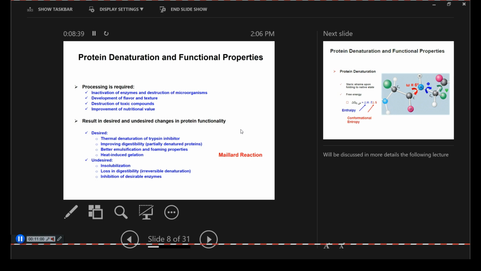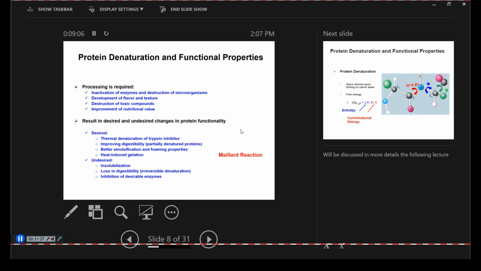Not even at really high or low pH? Well, pH, yeah. In the presence of acid and alkaline and heat, yes, you're breaking peptide bonds. And that's when I have the Maillard reaction. Sometimes it's desirable, sometimes it's not desirable, and we talked about that.